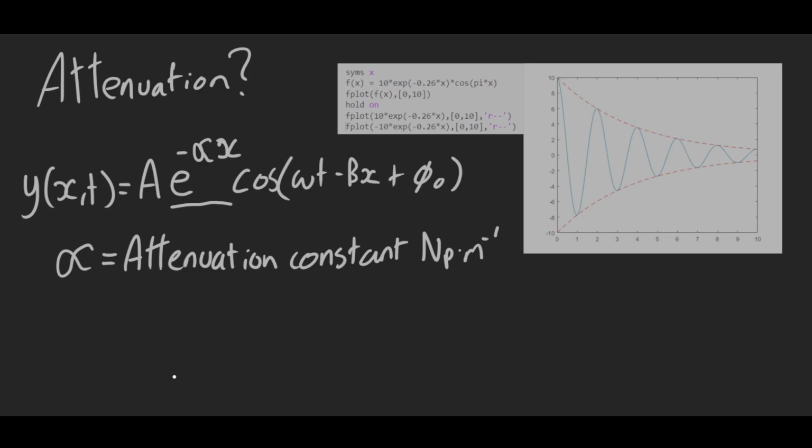And if you notice, underneath the fourth line, after I've wrote hold on, I've plotted what's called the wave envelope. It's those dashed lines that go from the top and the bottom of the wave and kind of close in, but don't cross that wave. So it's just the attenuation term multiplied by the amplitude, and that's it. And of course, for the wave envelope on the bottom, it's minus amplitude to get the bottom half.